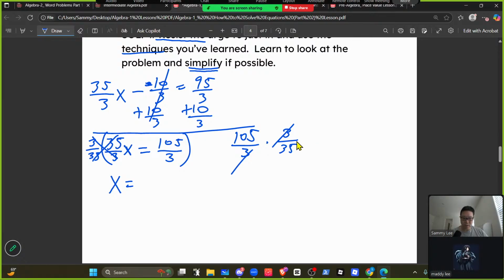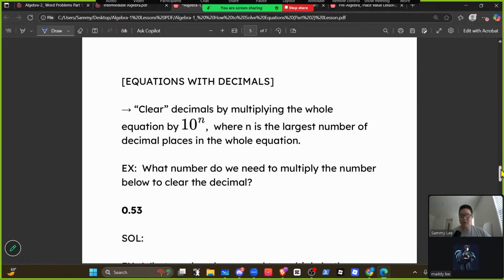The 3's are going to cancel. So we have 105 over 35, and 105 divided by 35 is going to be 3. So x is going to equal 3. Is that what you got? Okay, good. All right, let's move on.